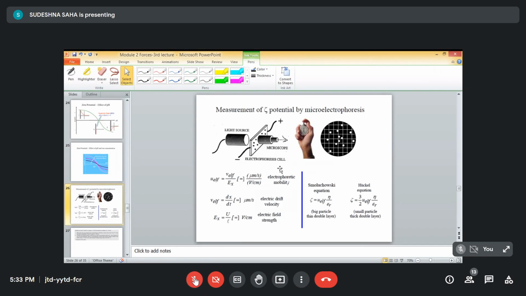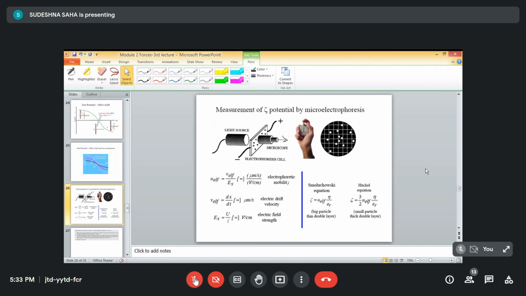Now, this is important, how we calculate the zeta potential value by using microelectrophoresis. I cannot show it here, I don't have those pictures right now, so we show it in the lab.